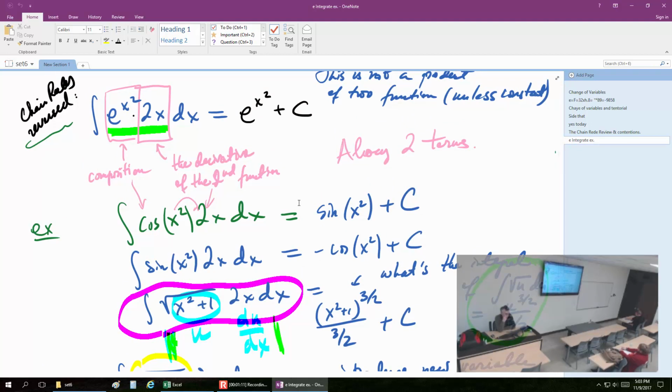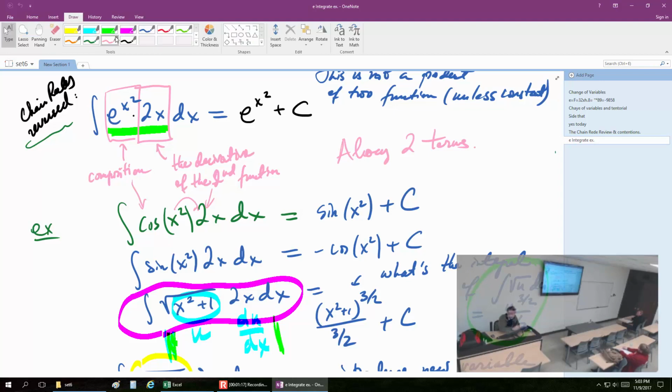That is clearly a reversal of differentiation, so there should be no doubt about where it comes from. You differentiate sine x squared, and you have cosine x squared times 2x. That's all the chain rule applied every time, and you get that function. So it is not a coincidence that you always have two terms right there at the top.